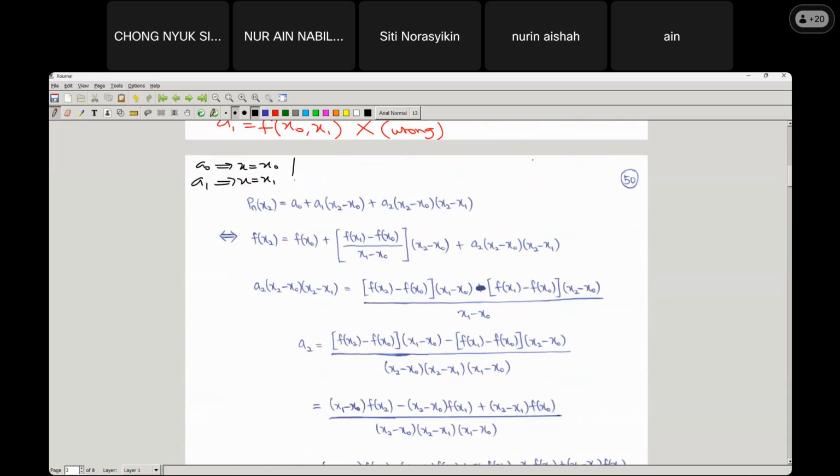So now we know that in order for us to find A2, we need to substitute x equal to x2 into the P function.